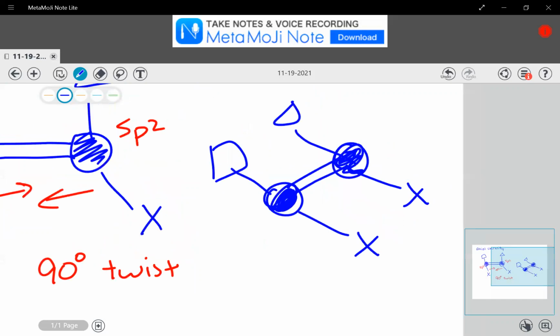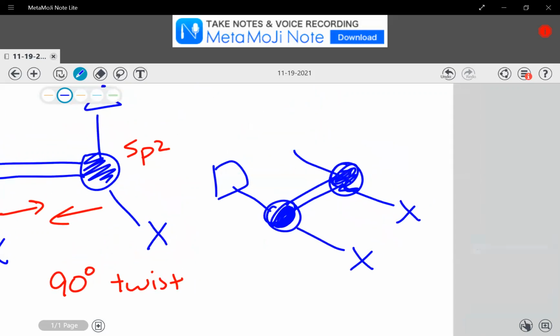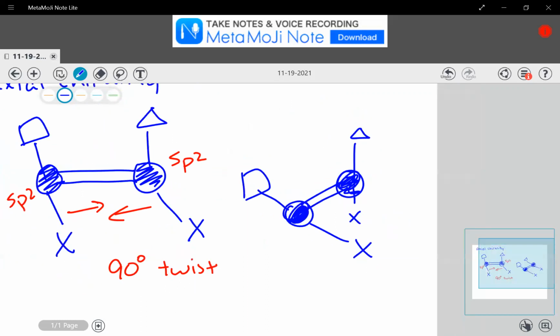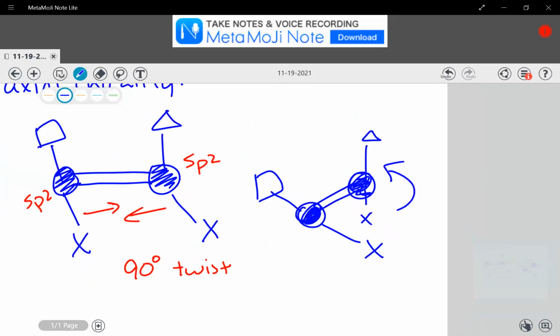So what are they going to do? Well, like any normal person, they're going to twist and go past each other. And that's what these molecules literally do. They don't face this way. No. They create a 90-degree twist. See how it just twisted that way by 90 degrees.